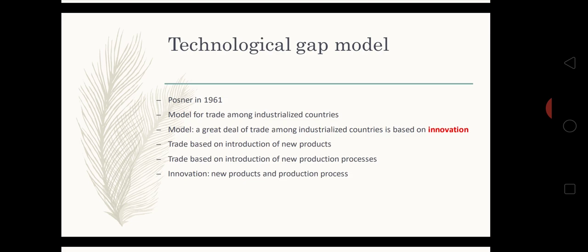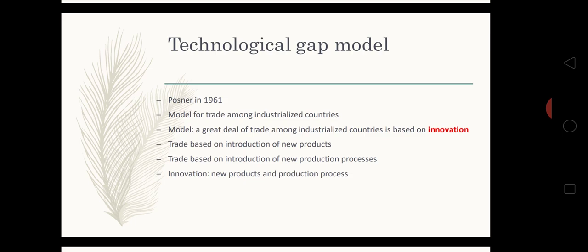This is a trade model that depends on the technological differences in two nations. That means the trade between two nations is driven by technological differences between them, or technological development in one nation. The advanced technological gap between two nations drives the international trade between them.